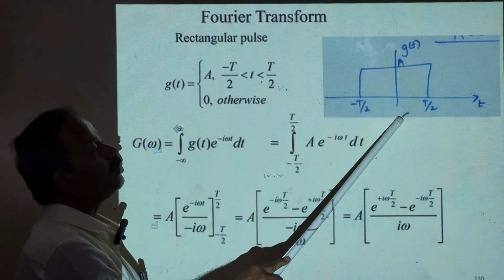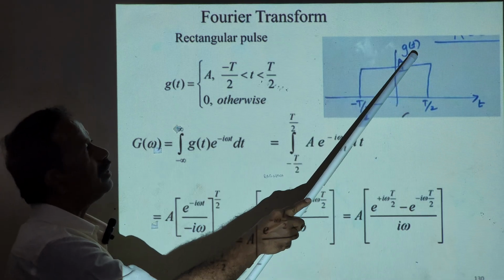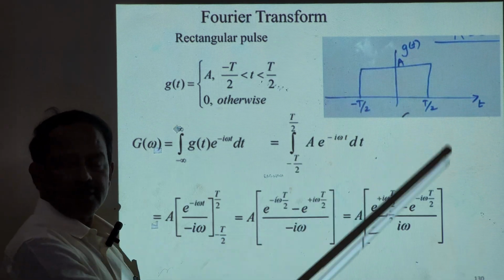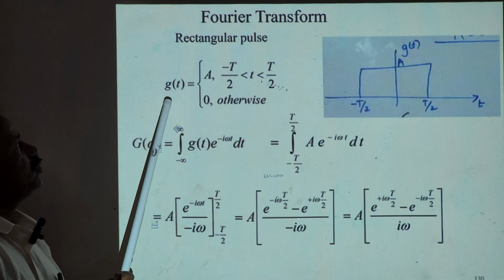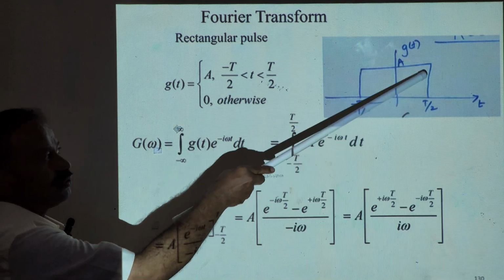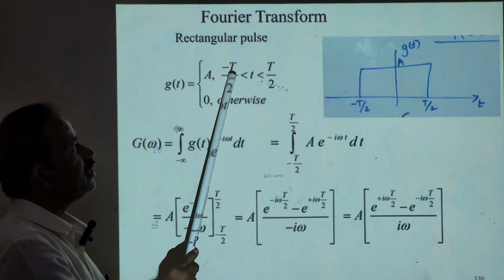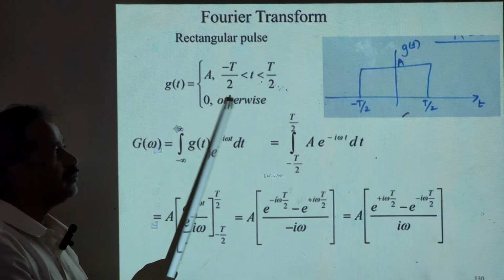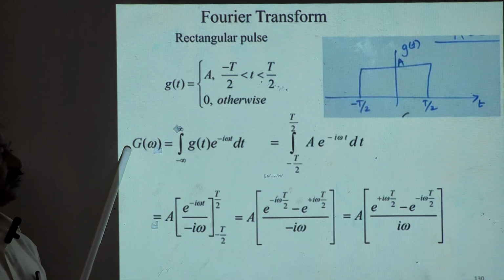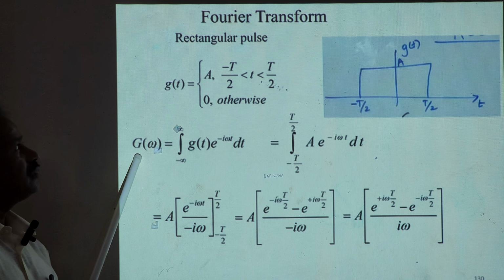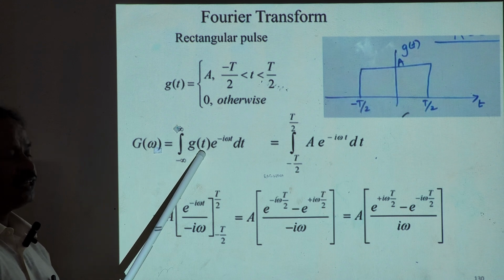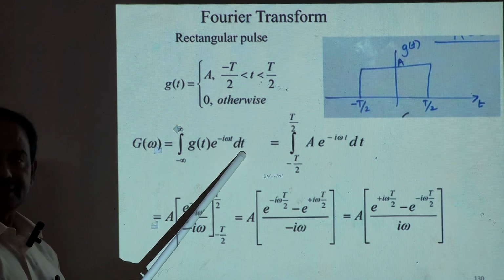And in the y-axis we have g of t, and the x-axis we have t. So g of t is given as A between this limit minus T by 2 and T by 2, 0 elsewhere. So the formula is g of omega equal to integral of g of t e power minus i omega t dt.